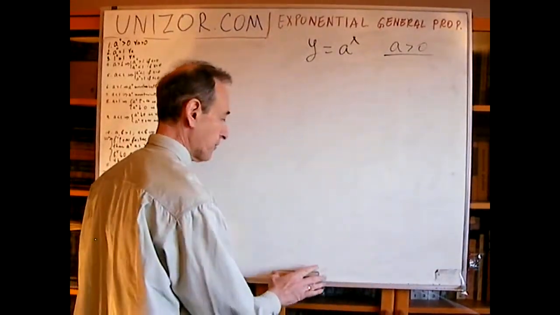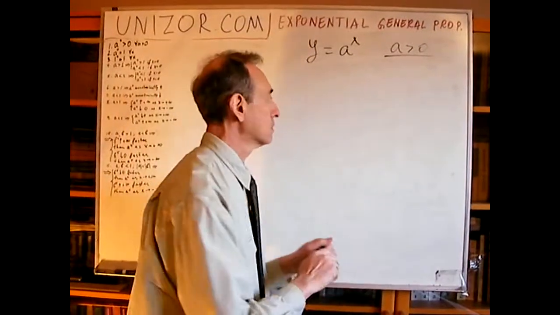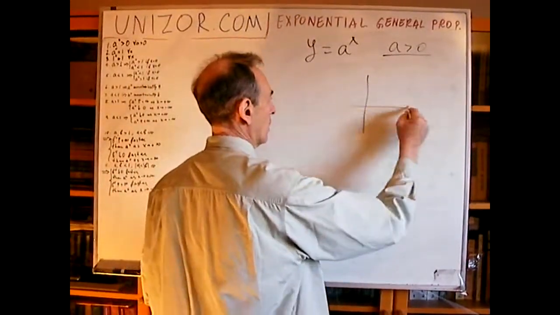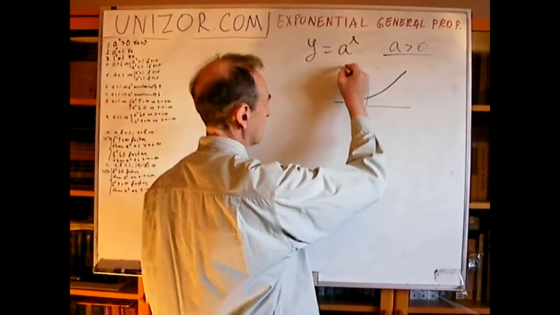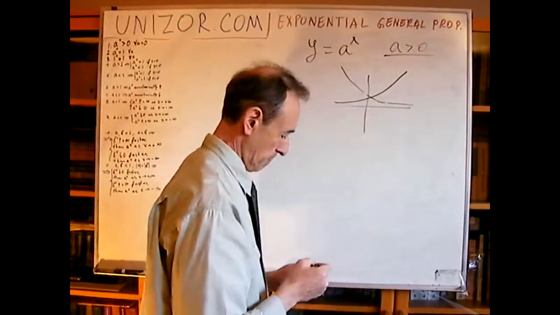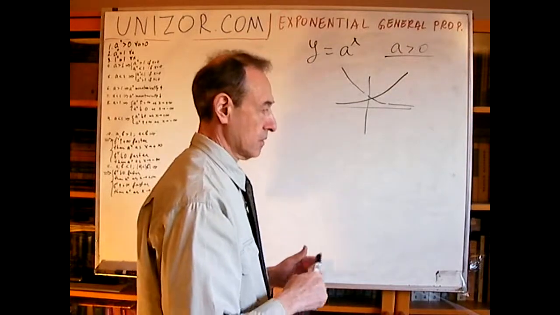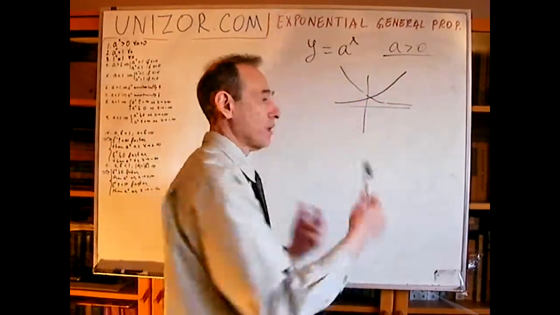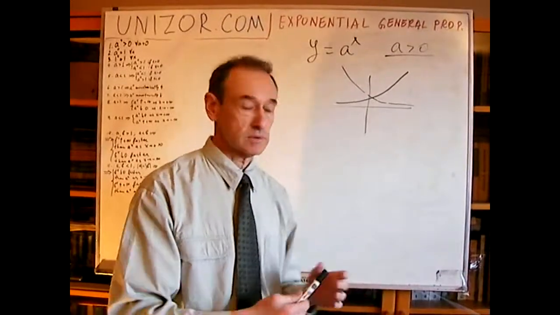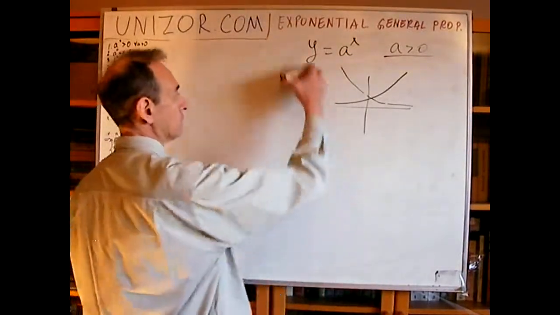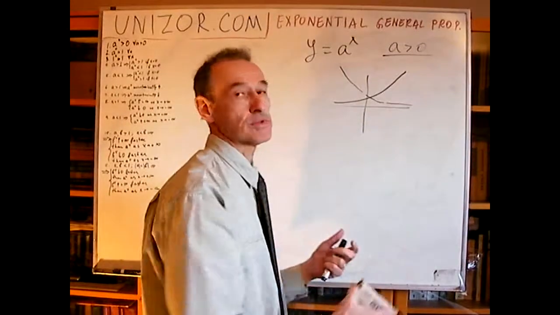Okay, so back to our graph. Again, remember, for a greater than 1, it goes this way. For a less than 1, it goes this way. Now, it looks like it's monotonically increasing or monotonically decreasing. So let's prove it, right? Why do I have such a nice and smooth curve?